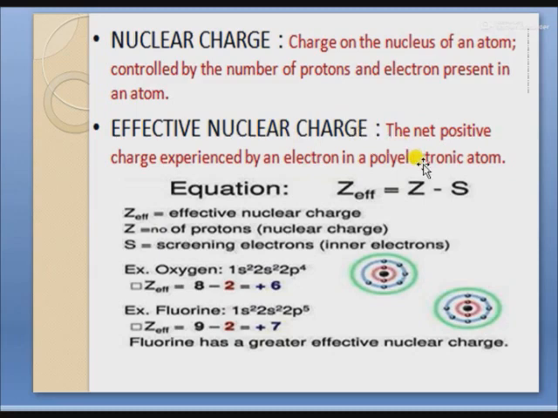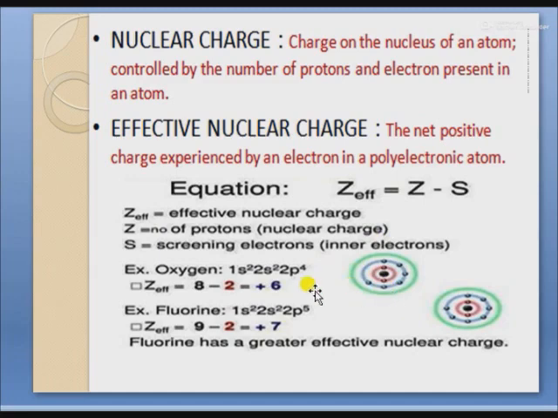Effective nuclear charge is the net positive charge experienced by an electron in a polyelectronic atom, and it is represented by Z effective, which is equal to Z minus S, where Z effective is the effective nuclear charge and Z is the number of protons or nuclear charge, and S is the screening constant or screening electrons. Screening means the inner electrons act like a shield for outer electrons and prevent outer electrons from the nucleus attraction.